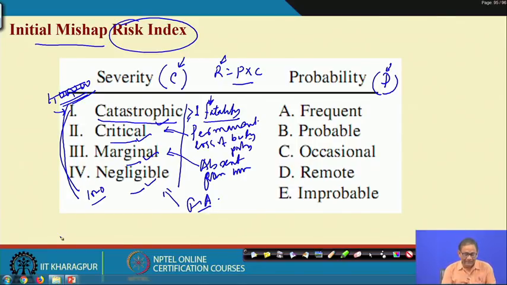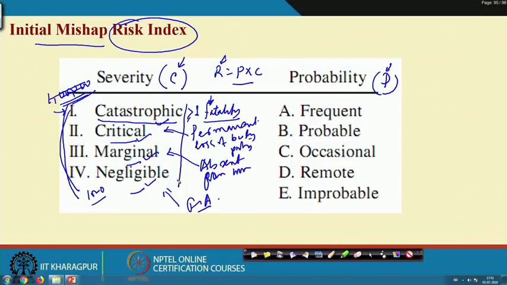What I mean to say is, qualitative means you must have an idea that your loss value beyond a certain level is catastrophic, within a certain level is critical, within a certain level is marginal, within a certain level is negligible. Usually severity in terms of human safety is considered. So, this is a 4-point scale for severity.